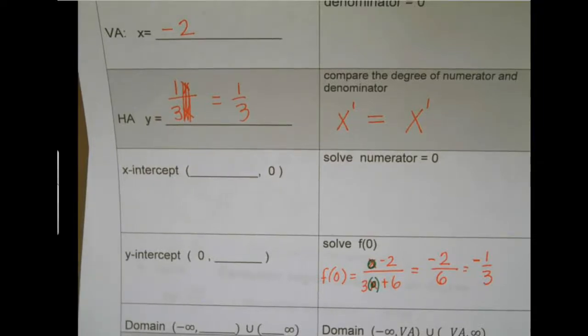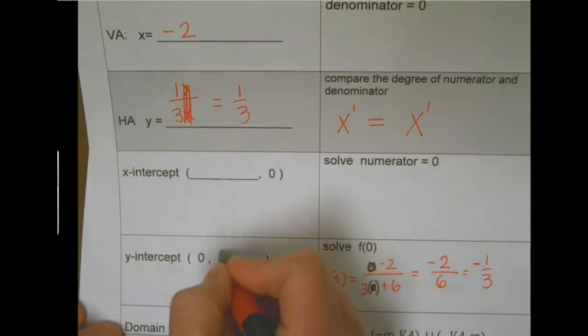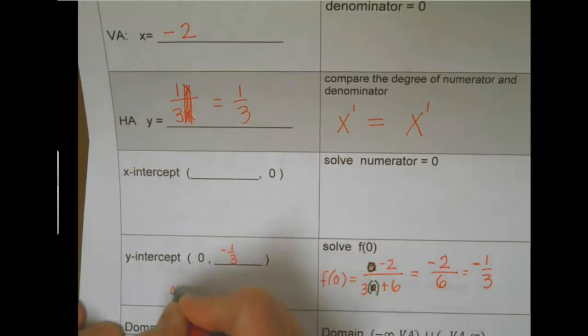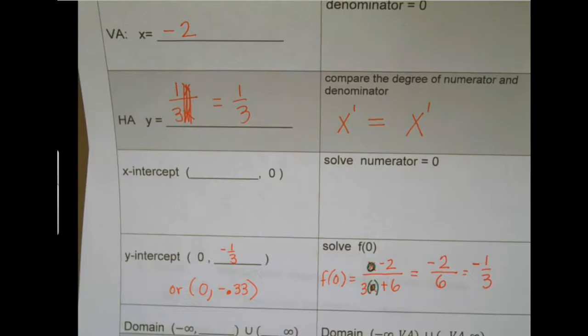But what is coming next is to put this on graph paper. Now, that's tomorrow. What are you better at graphing, decimals or fractions? Most people are better at decimals. So you can put this in fraction form, or you can put it in decimal form, whichever way is going to be easier for you to graph. Either way is correct.